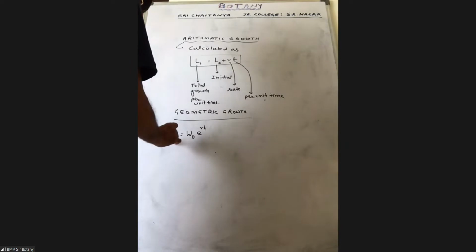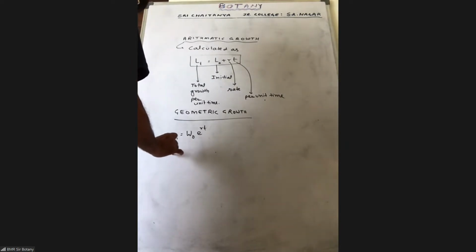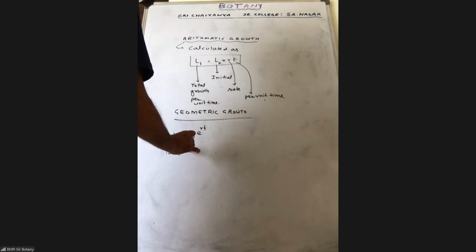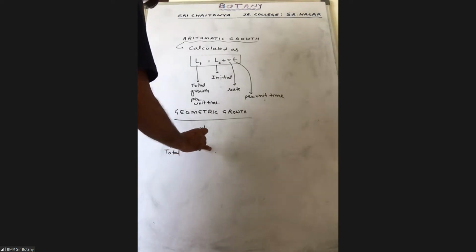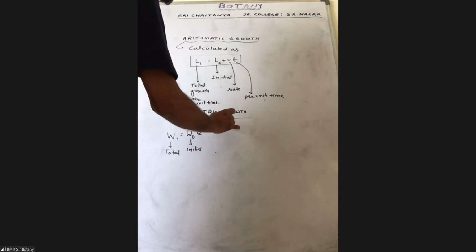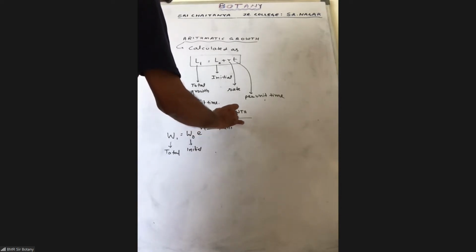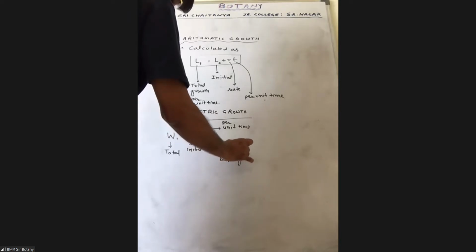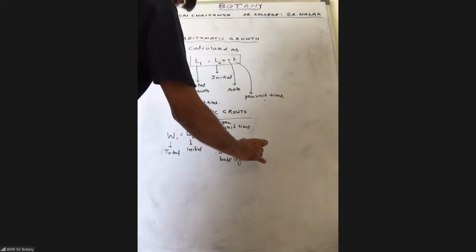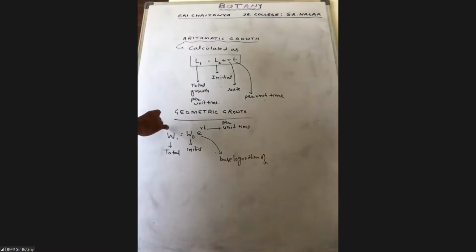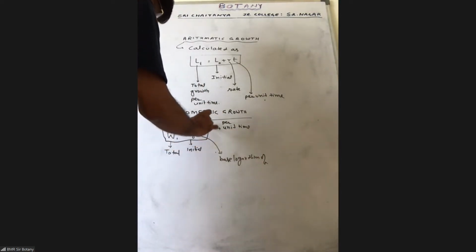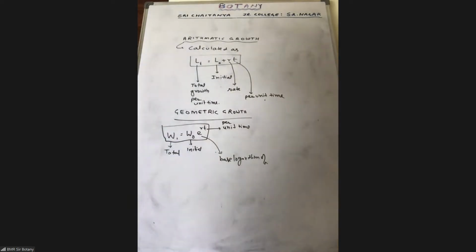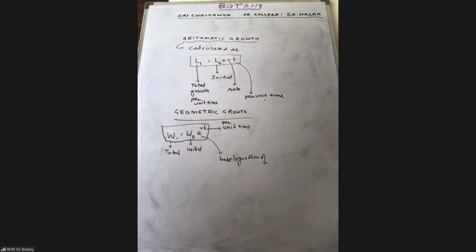W1 is again the total growth, W naught is the initial, RT is the rate per unit time. Again, here you just need to remember this, nothing else to worry about. Simply remember that formula. That's it.